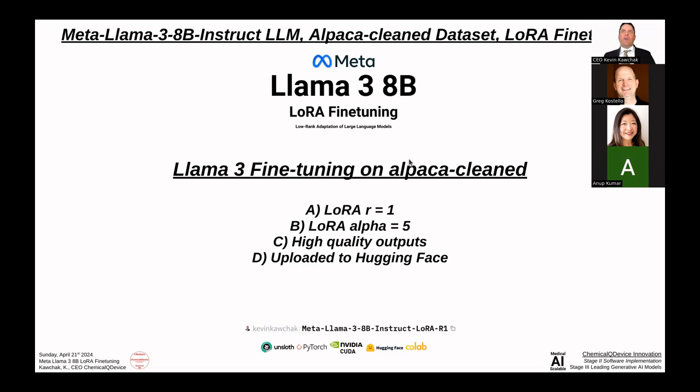So the moral of the story is it's not always the case that your fine-tuned model is significantly better than the original. Now, this Alpaca clean data set is more just regular sentences. And so this is uploaded to Hugging Face as the LoRA-R1.